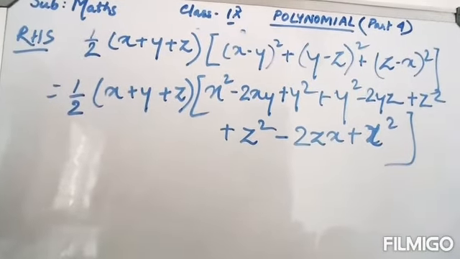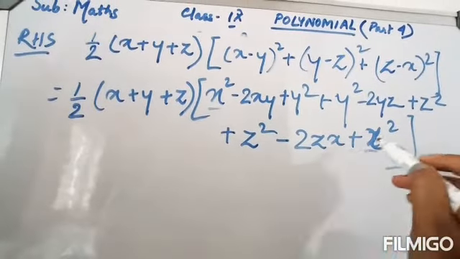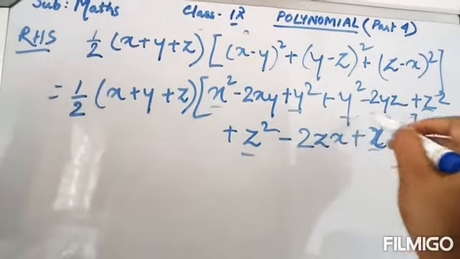Now see, the square of each term is coming 2 times: x square, y square, z square.